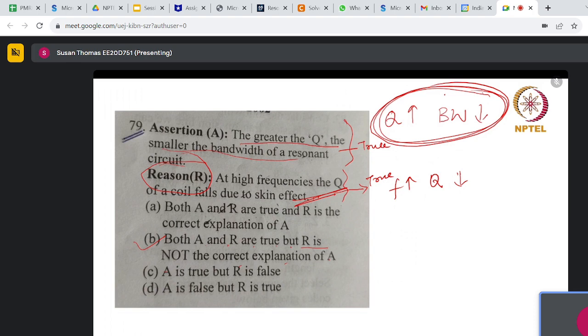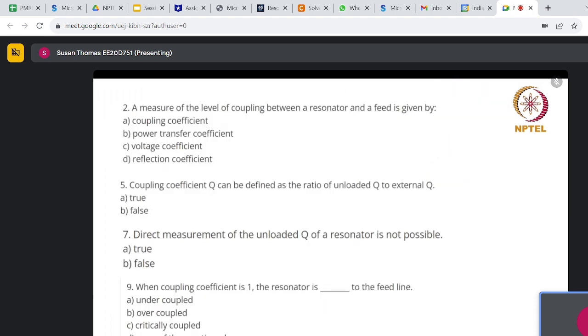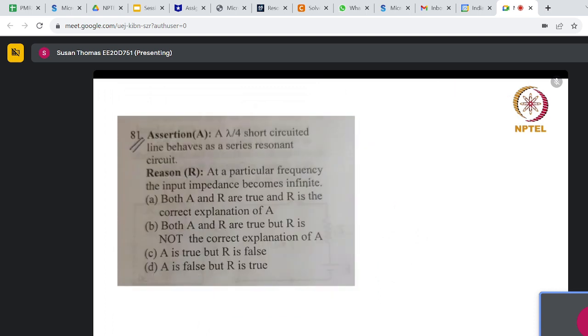Now there is another type of resonator, which we call the transmission line resonator.